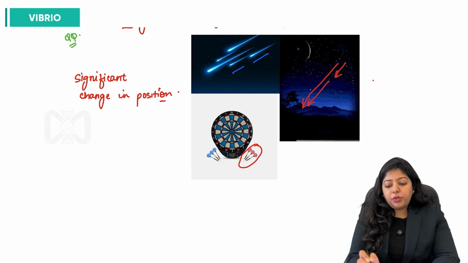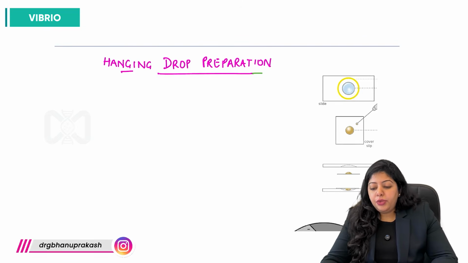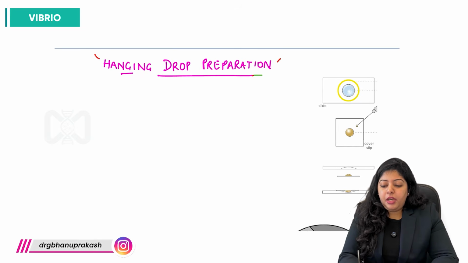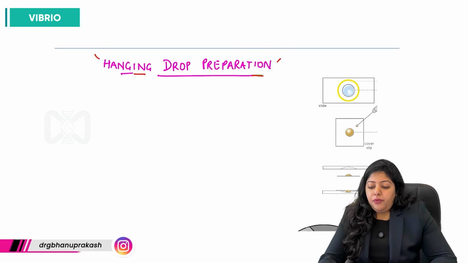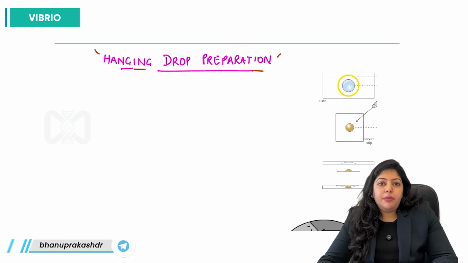Right? So in order to observe the motility of this bacteria, we do a special preparation, that is hanging drop preparation. And how do we do it? We either take a concavity slide or a normal slide and make a ring out of molding clay.